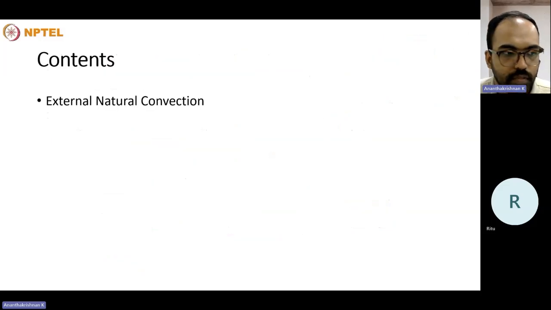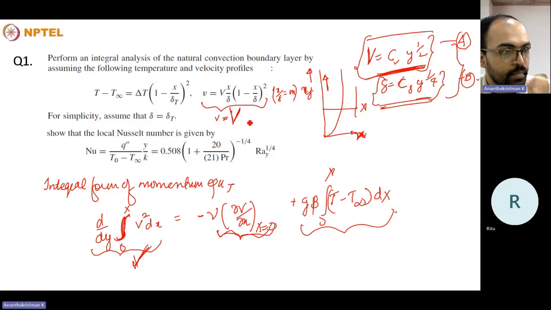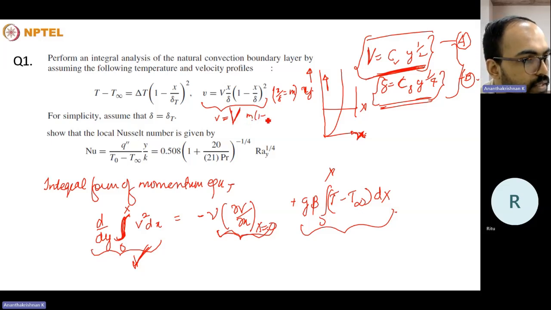Now what comes into the picture is how to substitute the given velocity profile. In this form, it can become quite complicated. So we denote x by delta as m. So this will become v equals V into m into (1 minus m) the whole square. And similarly, T minus T infinity is equal to delta T into (1 minus m) the whole square.